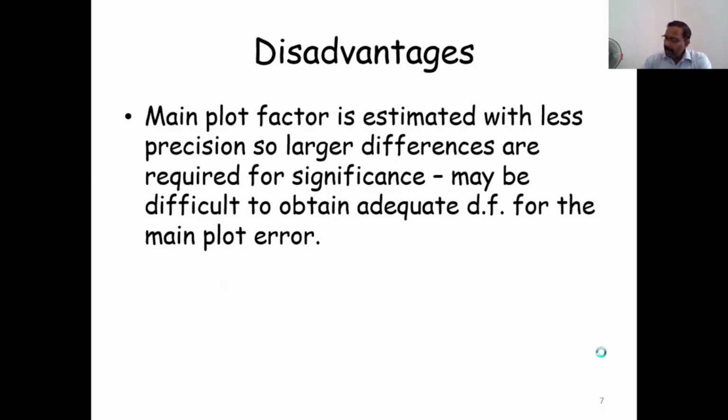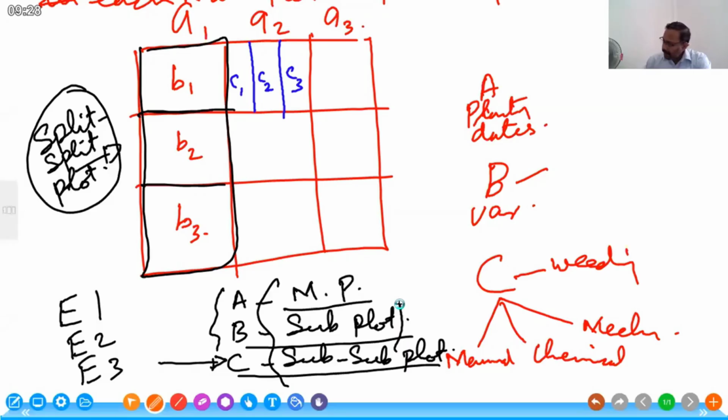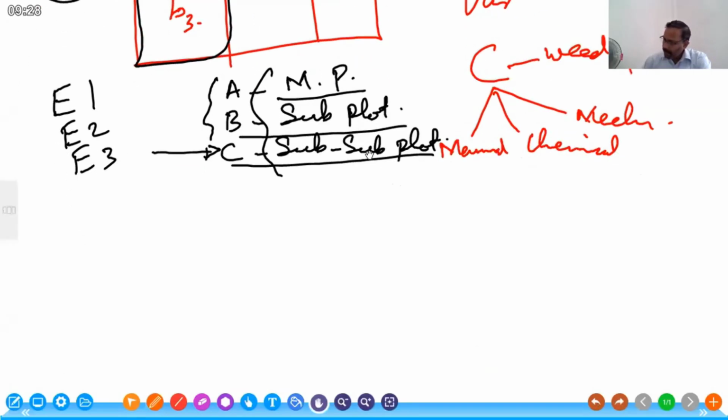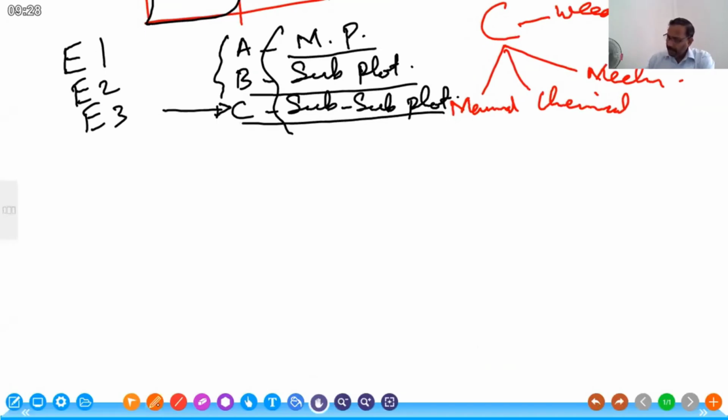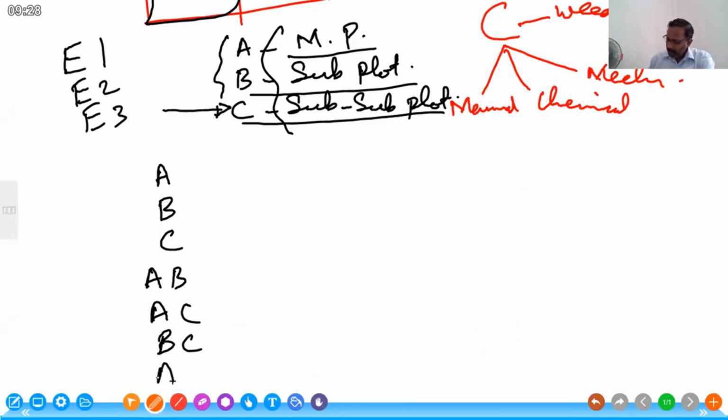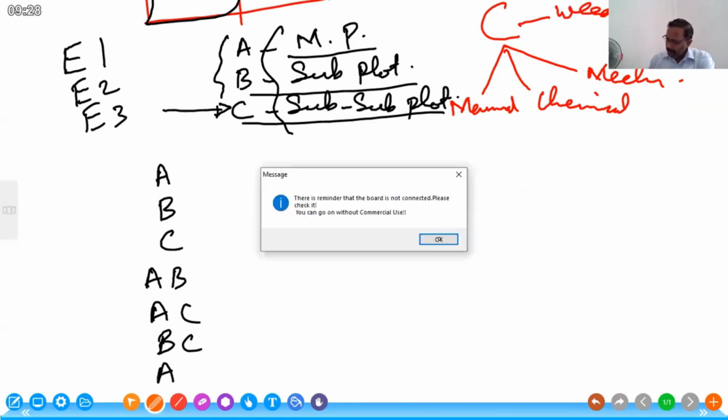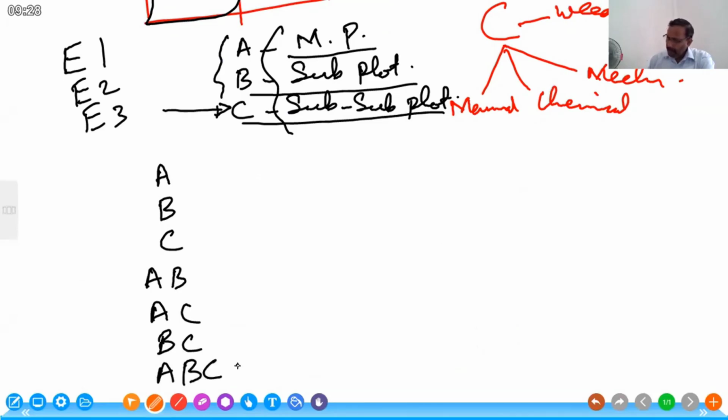For example, look at it in this case. We already said here 3 factors are involved. Tell me all the interactions: factor A, factor B, factor C, AB, AC, BC, ABC. Can you tell me which plot size according to this?